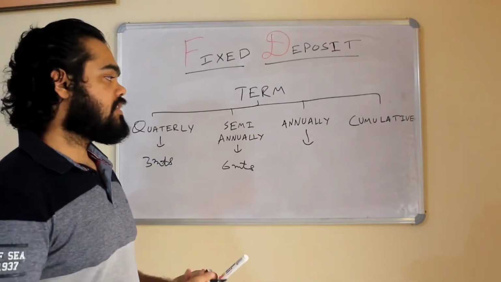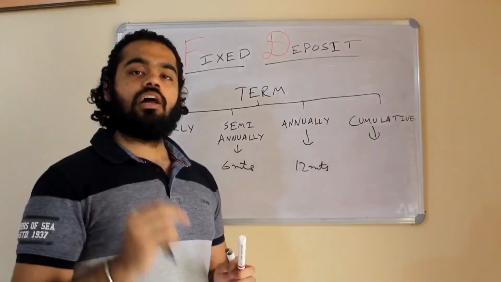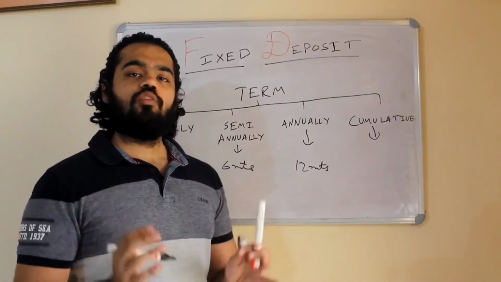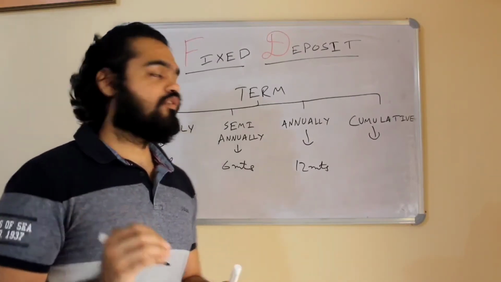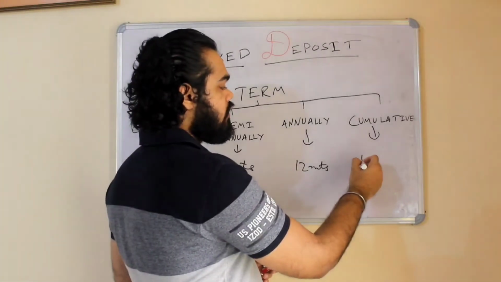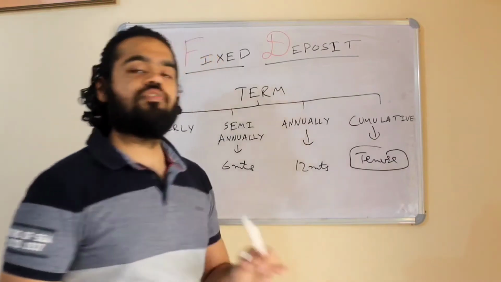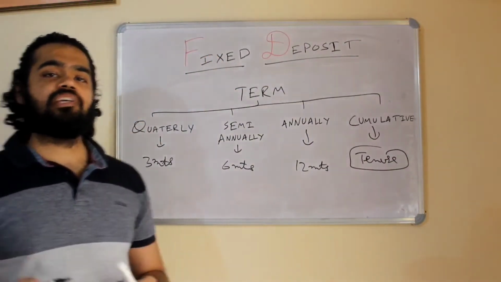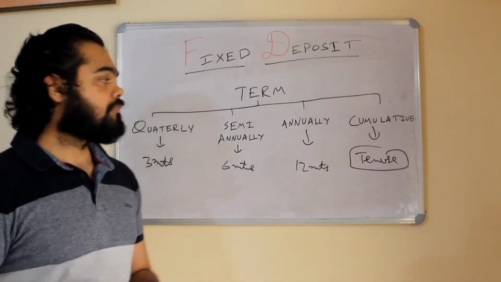That is every 12 months. Now the last one is the cumulative interest. Under cumulative interest, the whole of the interest amount will be paid on the last date of your FD. That is the end of the tenure. So the whole of the interest is payable when the tenure of the FD ends. So these are the options that you can choose from based on what your cash flow requirements are in the future.